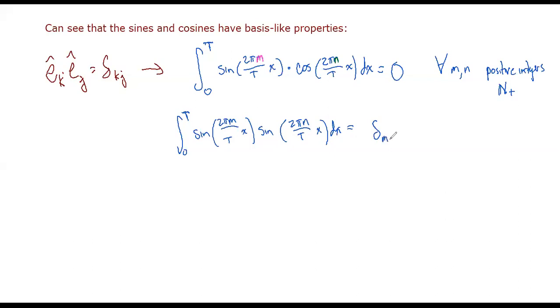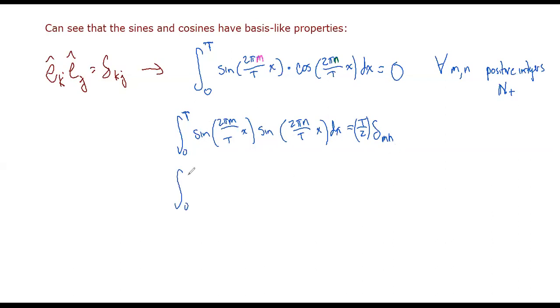It would be great if this was the Kronecker delta. The problem is that sine squared integrated from 0 to pi doesn't quite equal 1. So we've got a little coefficient to deal with. In fact, this equals T over 2 times the Kronecker delta of m and n. And again, m and n are any positive integers.